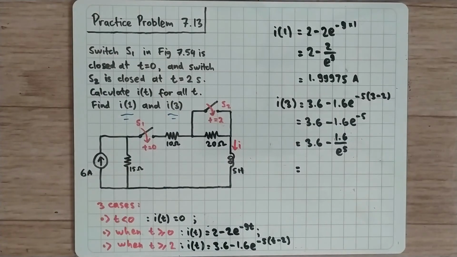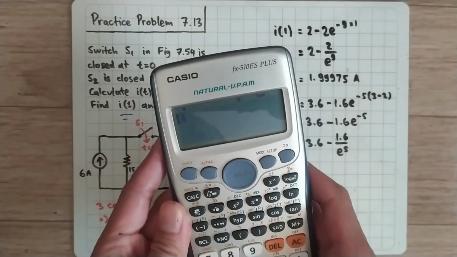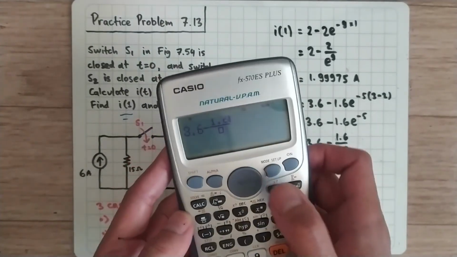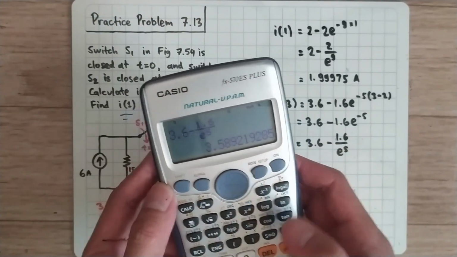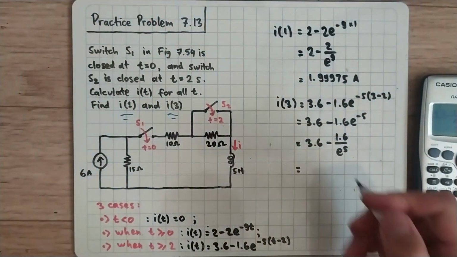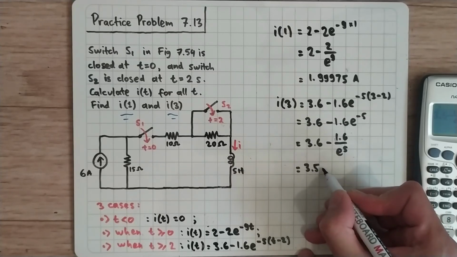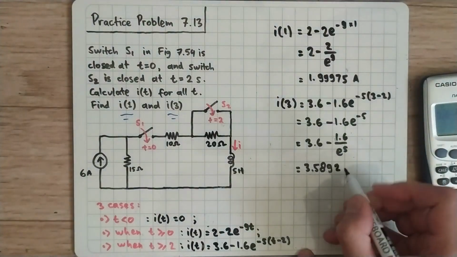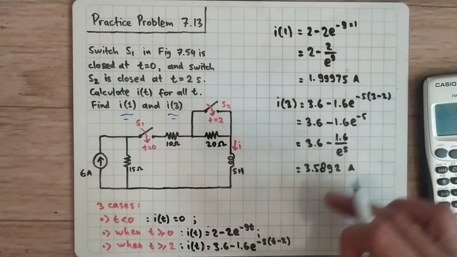And we need to use calculator in this one, so we'll have 3.6 minus 1.6 divided by e to the 5. So I will have 3.5892 ampere. So this is the answer for I1 and I3.